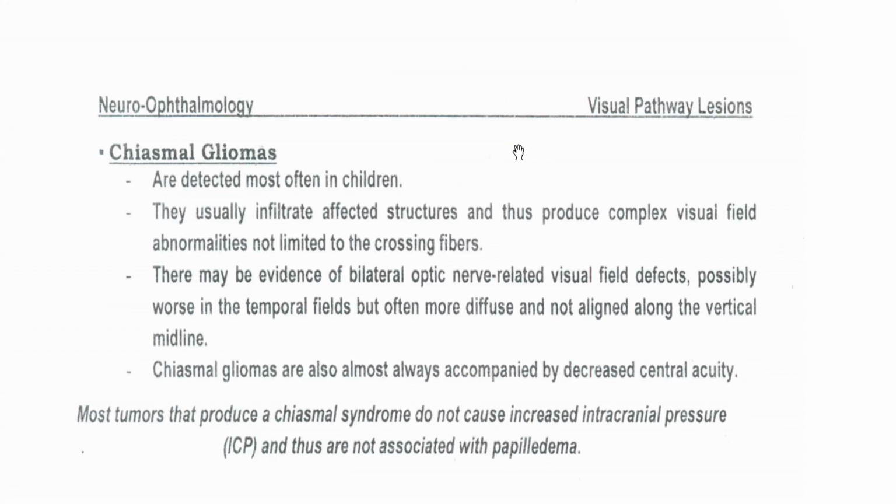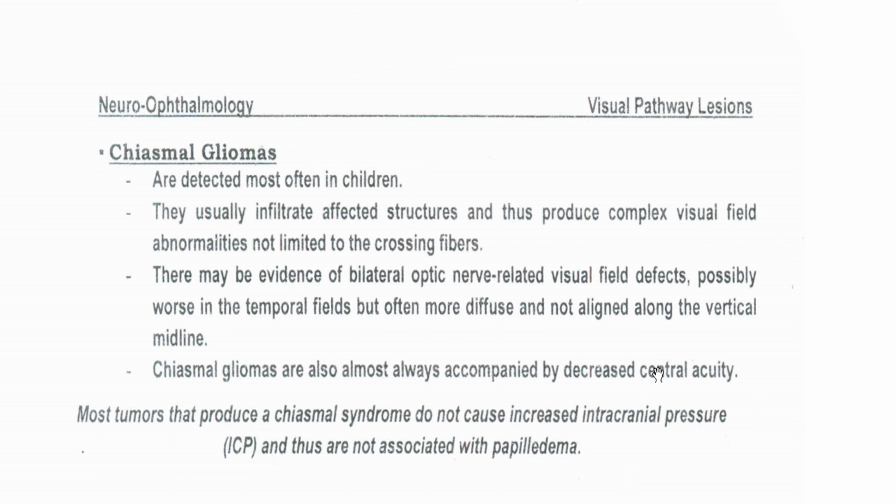Another type is the chiasmal glioma, and actually, chiasmal glioma is more commonly seen in children. How can we detect it? Detect it by its effect on the optic chiasma, but not limited to the crossing fibers. It will cause decreased central acuity.